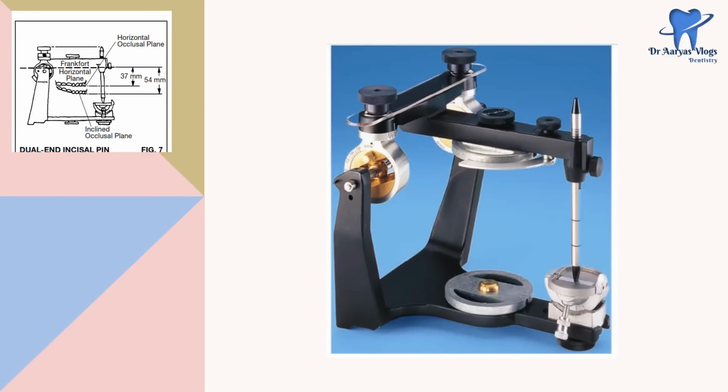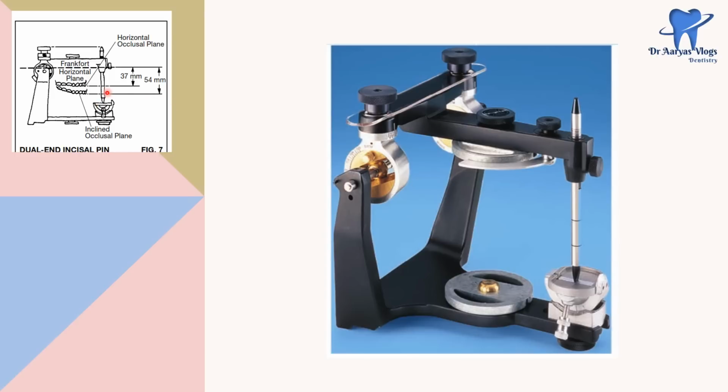These are the 2 annular grooves. Here this is the annular groove. And what does it represent? It appears on the incisal pin at 37 millimeter below the Frankfurt horizontal plane. This picture shows the Frankfurt horizontal plane, and this is the first annular groove, 37 mm below the FH plane.